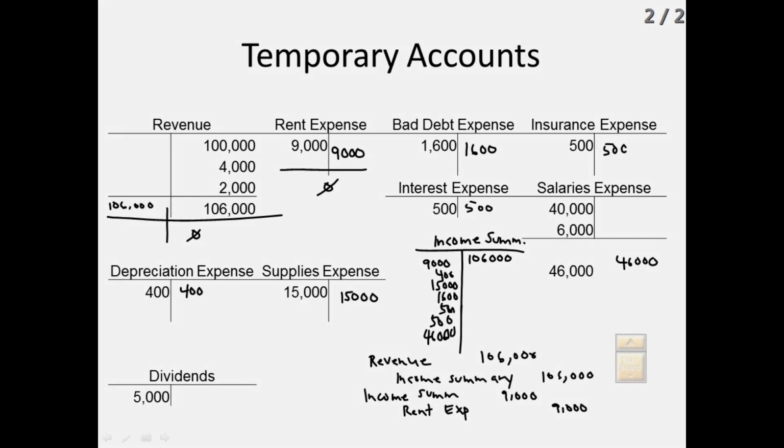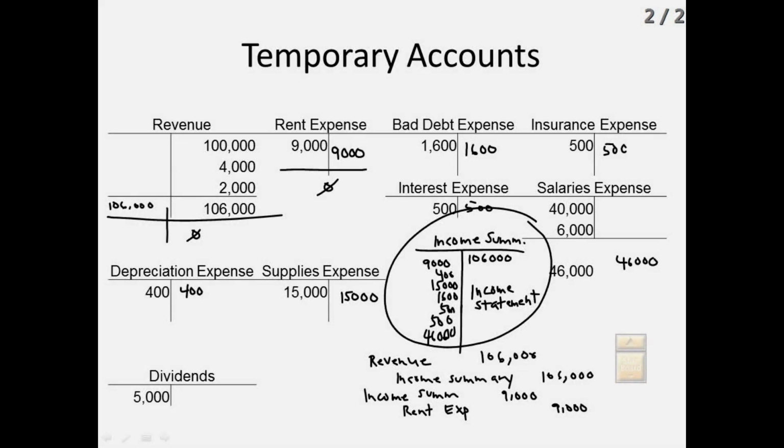Dividends is what did they decide to do with the money that they earned? So dividends is after you've earned it, maybe you decide to give some back or not. So dividends comes after the income process. So this is basically a short version of our income statement, and all of the information here is going to show up on our income statement.